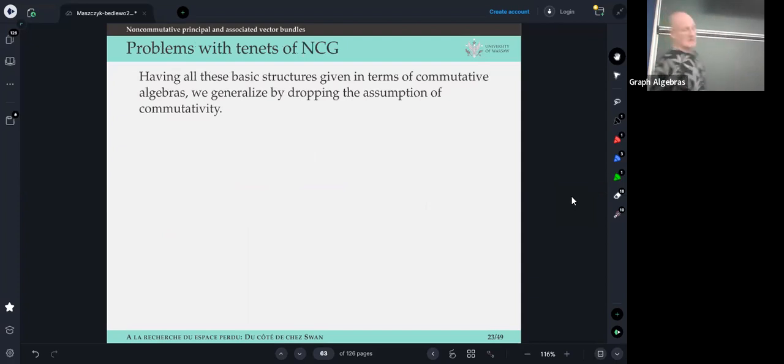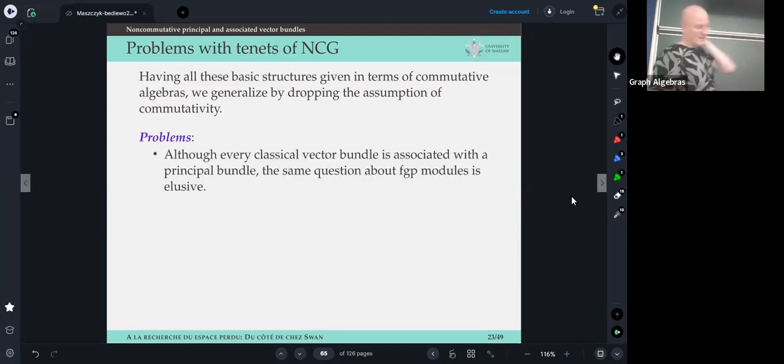However, there are some problems with this program. What are they? First of all, although every classical vector bundle is associated with a principal bundle, namely the principal bundle of unitary frames of this vector bundle, such an association is at least elusive in the case of non-commutative geometry.